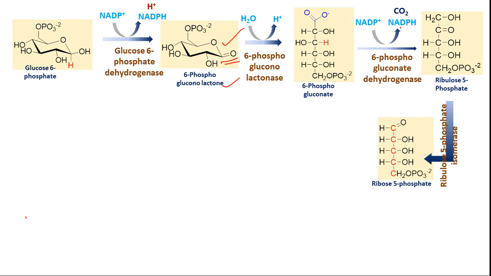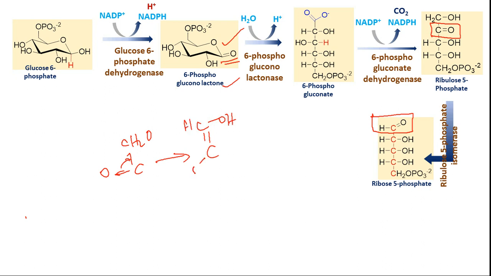Ribulose is a ketose and ribose is an aldose. So how come it is happening? On the other day we have seen this reaction where ketoses are converted to aldoses. So here this double bond O undergoes enolization, okay, and then this hydroxy group will become CH2O.